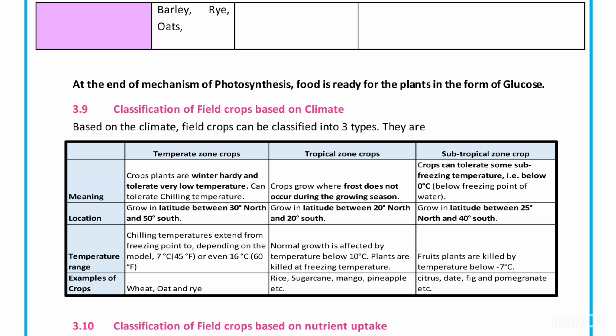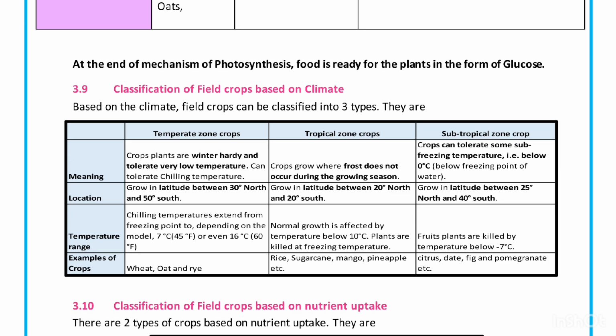Here, you might have heard that apples are only grown in a few regions in our country, be it Jammu Kashmir, Himachal, Uttarakhand. Only there you will find good production of apples. Why so? Because apples require that kind of climatic condition.